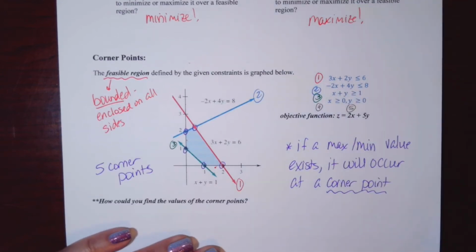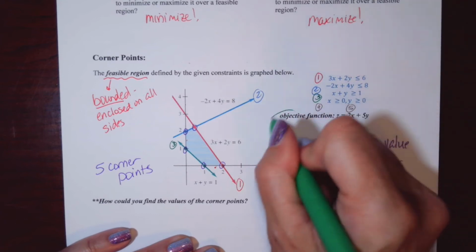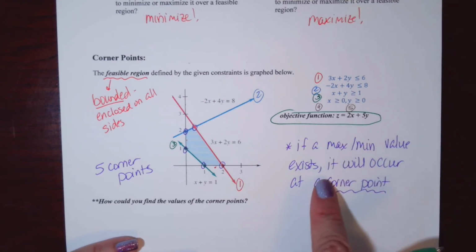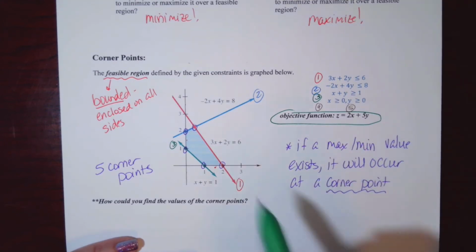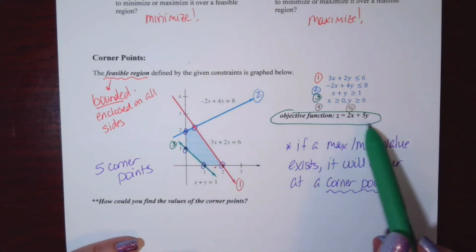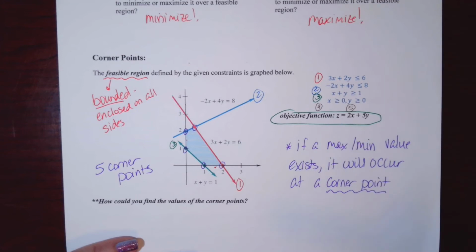Now for this problem, this is my objective function, and we don't know if this objective function is cost, profit, or revenue, so we don't know if we would want to maximize or minimize it. But the way I would check to see where the maximum and minimum values are would be to find those coordinates and plug them into my function and see what value I get for z.